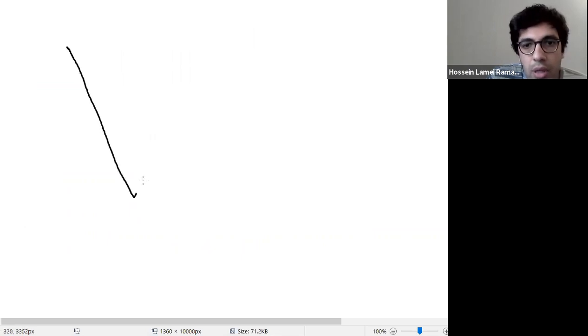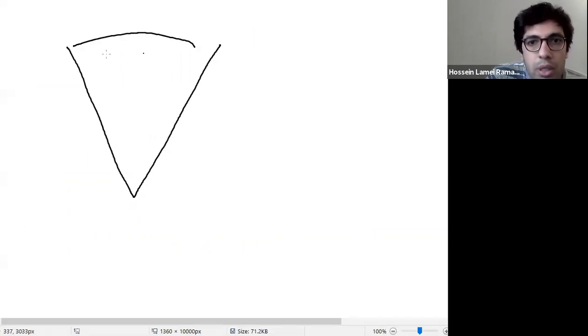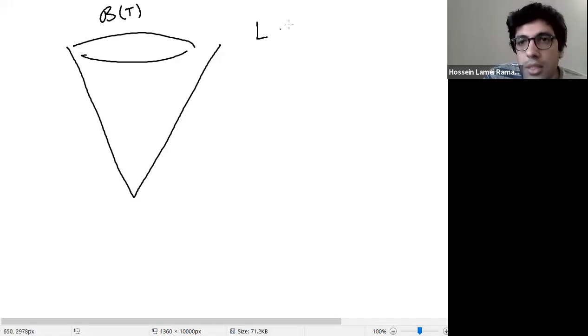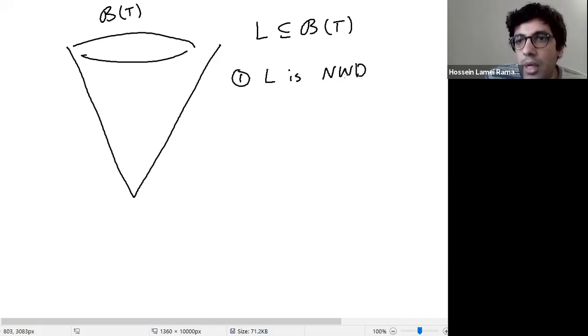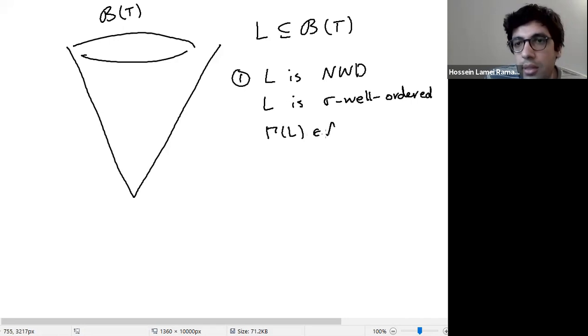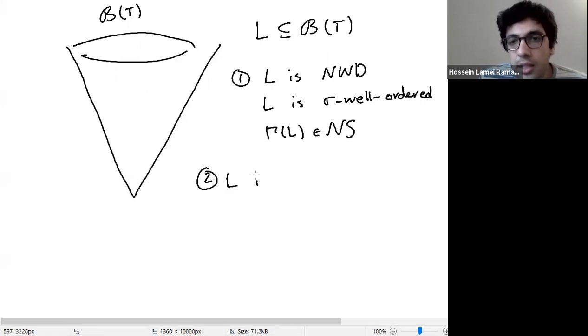We have an omega 1 tree. This is BT. And for every L subset of BT, there are two cases. One is that L is nowhere dense. In this case, L is sigma well ordered, and of course, gamma of L is non-stationary. The second case is that L is somewhere dense.